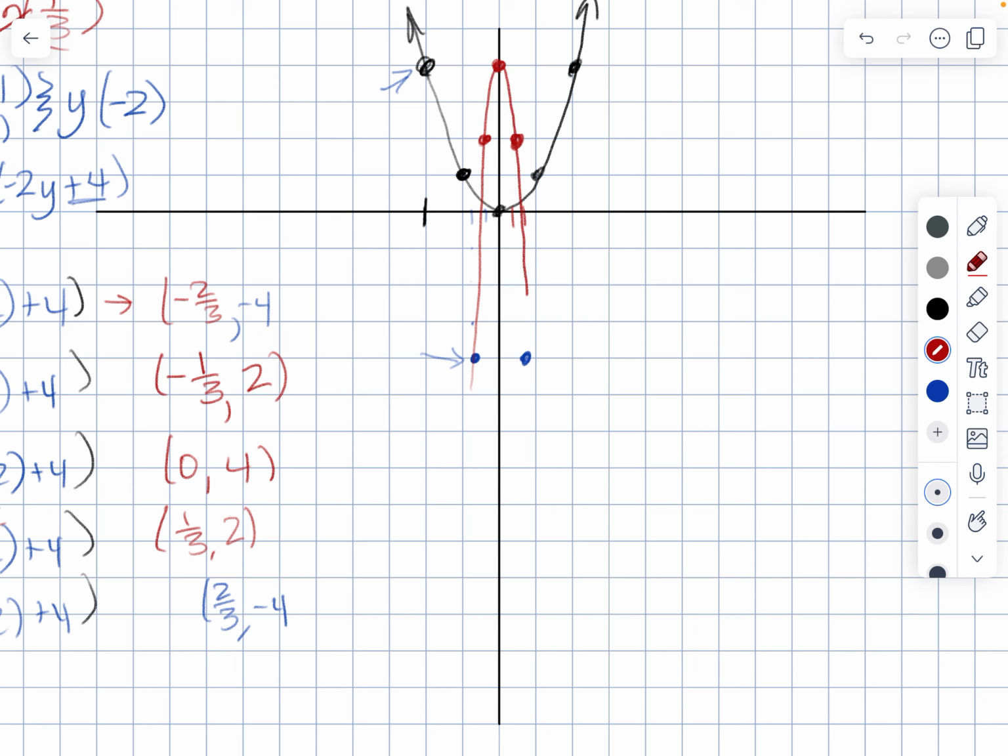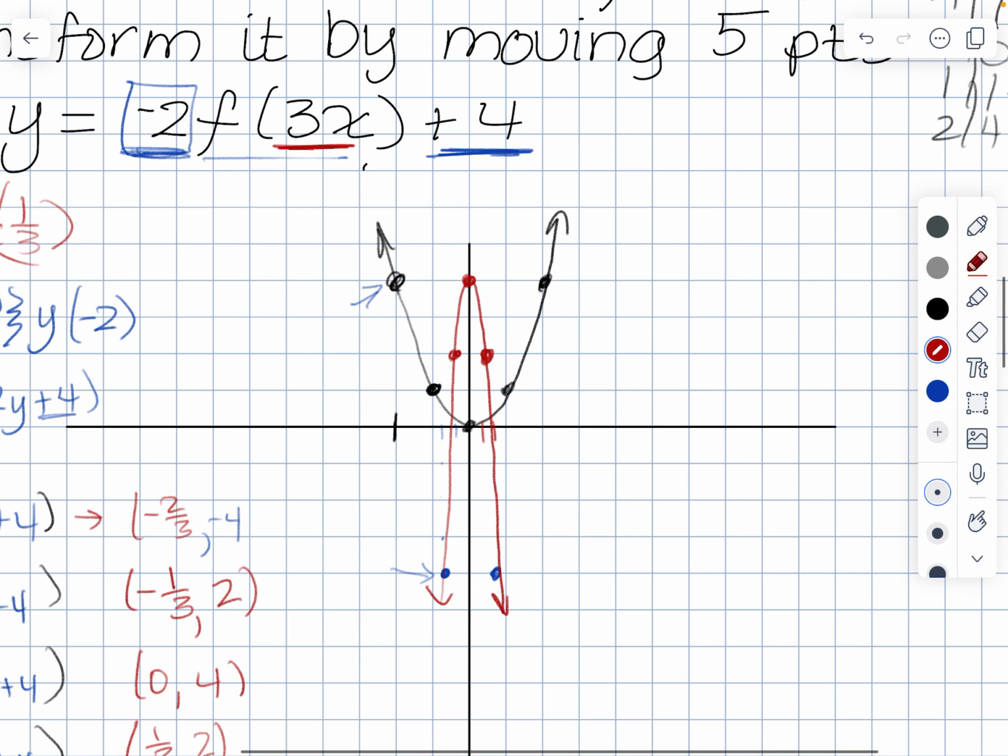I'm wondering if you can see the horizontal compression. If you were to imagine that you were pressing in on this function, you could see that the x values got much closer together. And then you can also see that there's a vertical stretch, because originally, if you look at this point, you were going up 1 and then up 3 to get from the vertex.